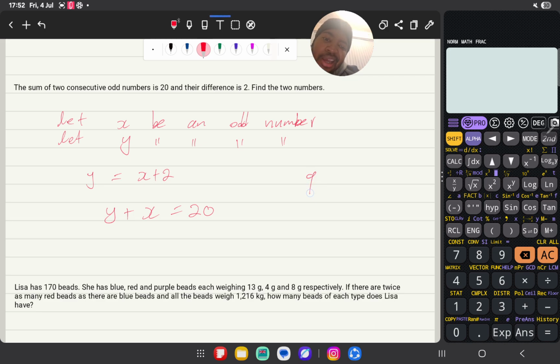Pick any number, 9. The next odd number is 11. 11 minus 9 is 2. So I don't think that one does us any good. Perhaps we can come here in a different color and say y minus x equals 2. The difference between the two consecutive numbers is 2.